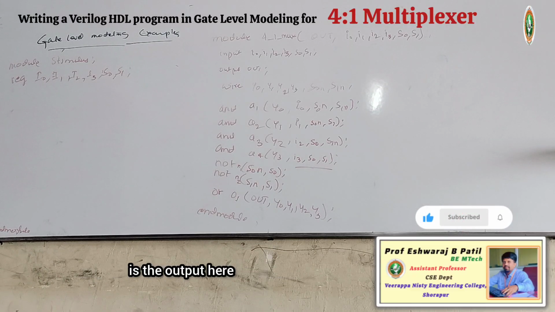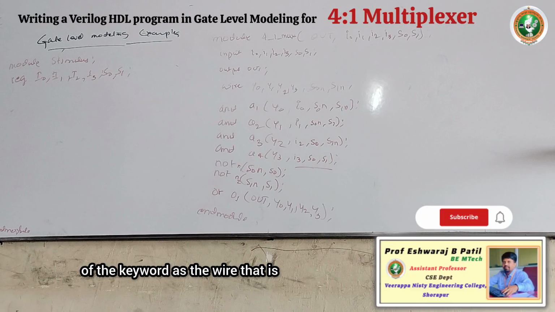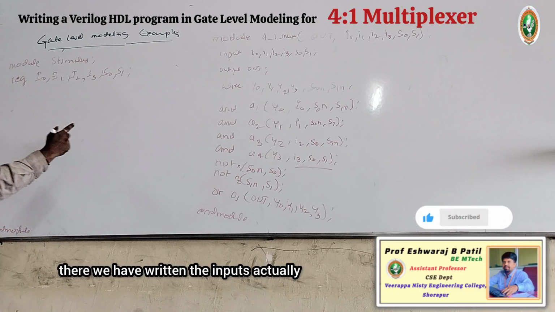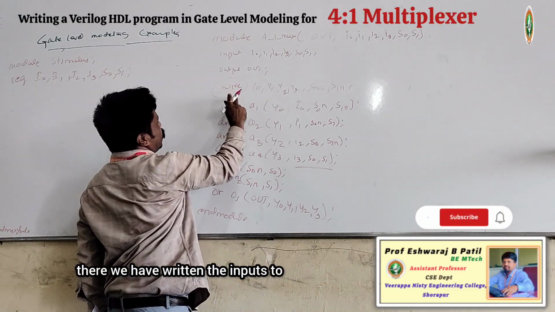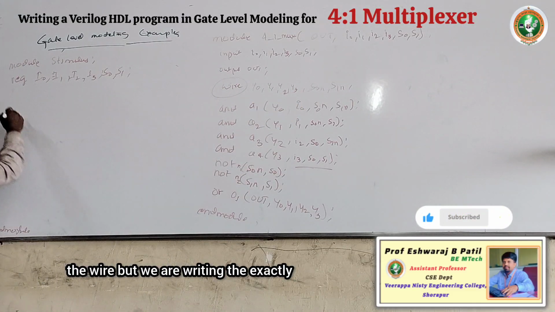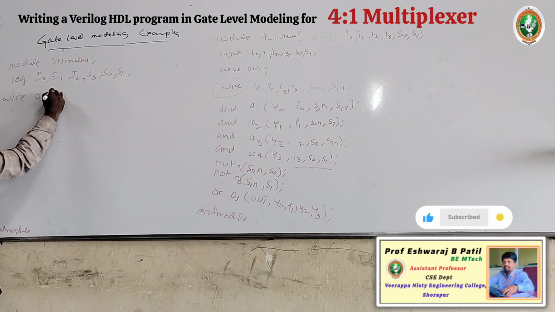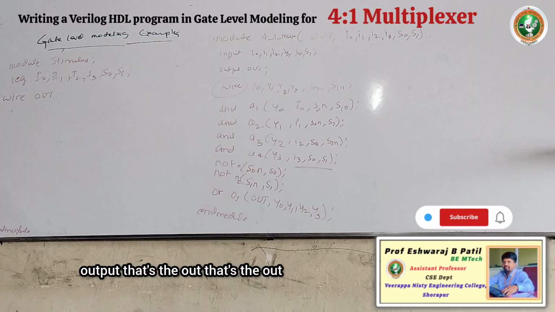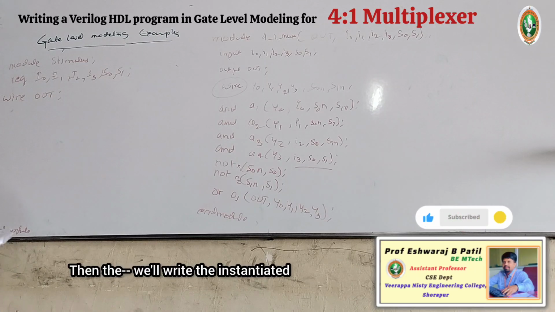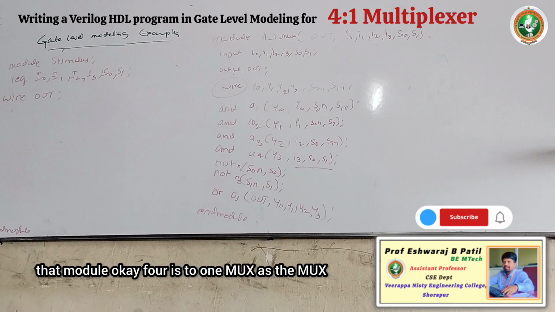What is the output here? That is to be written with the keyword wire. We wrote the inputs as reg, but for the output we write the exact opposite, wire. That's the out. Then we instantiate that model, the 4:1 MUX.